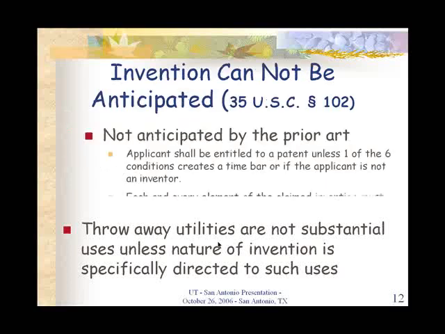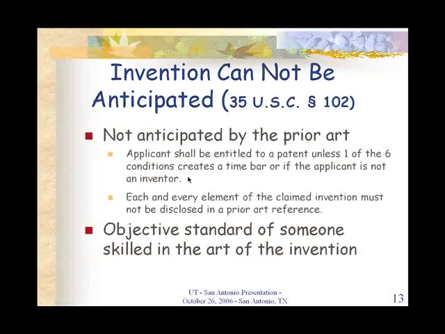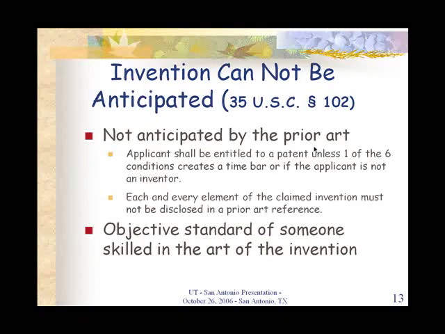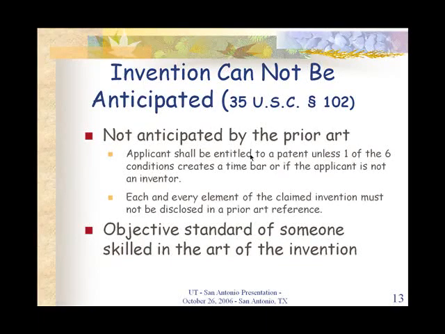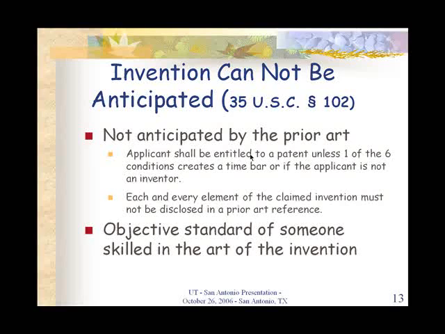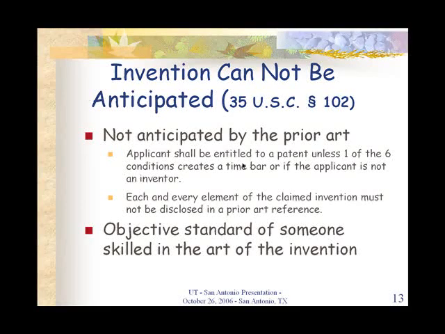The invention cannot be anticipated, so not anticipated by the prior art. This is really, really challenging. How did it occur to you if it would not have been anticipated as the next step obvious to anyone else?